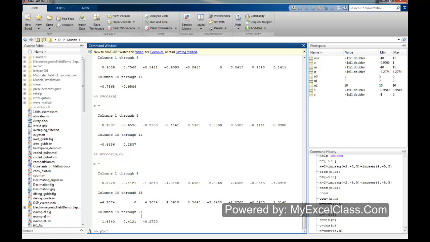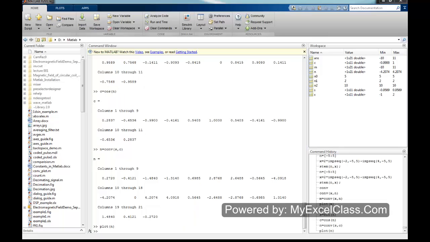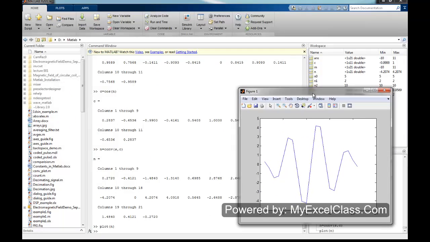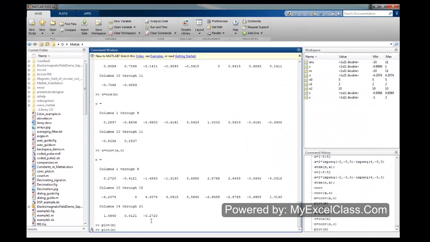Okay, now I'm gonna plot n. So this is my output of convolution. Let me show you what the s looked like.